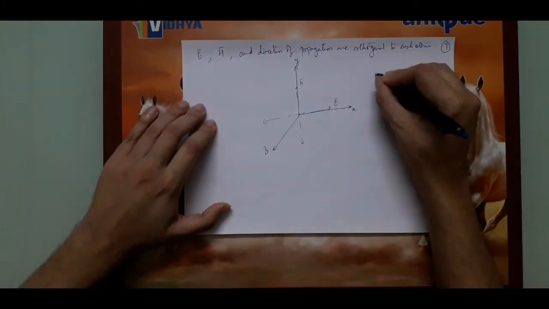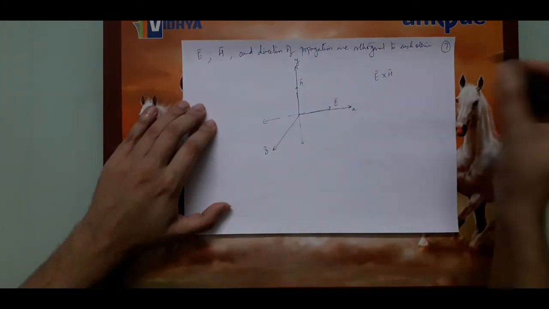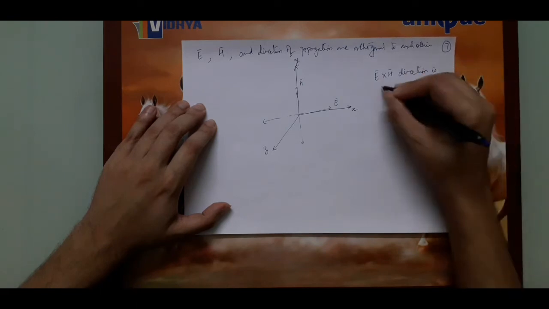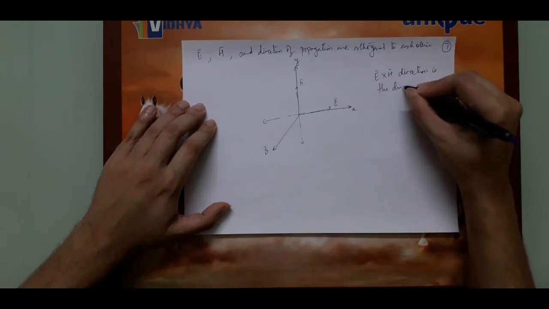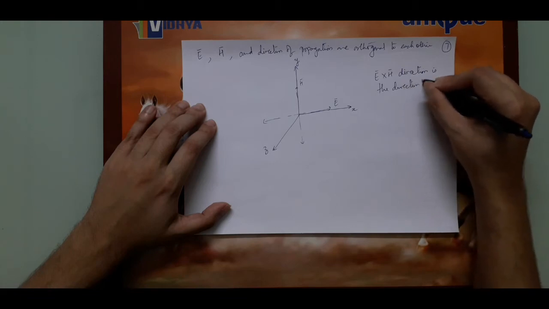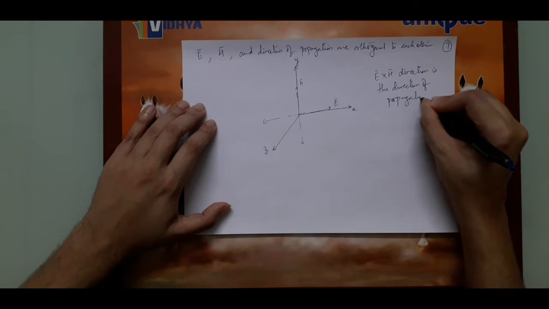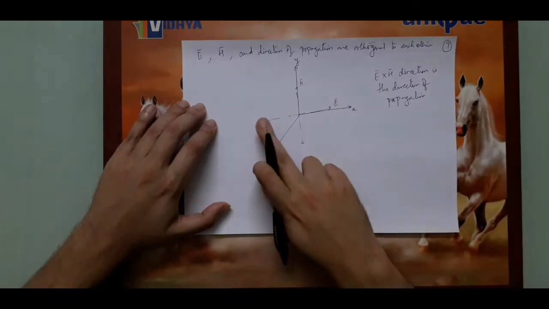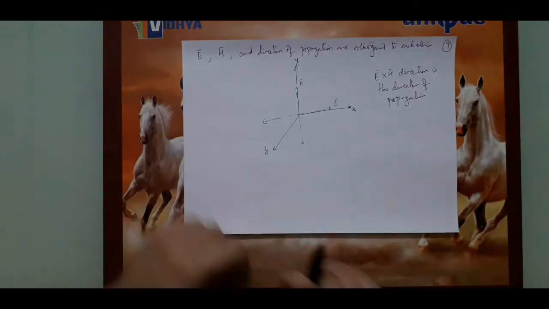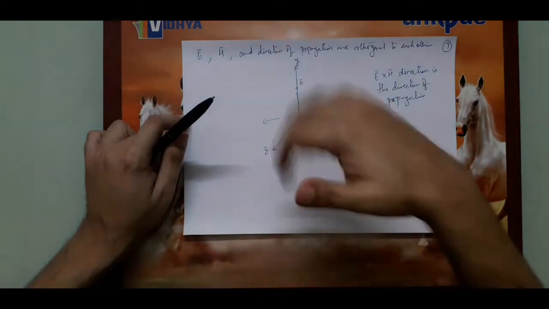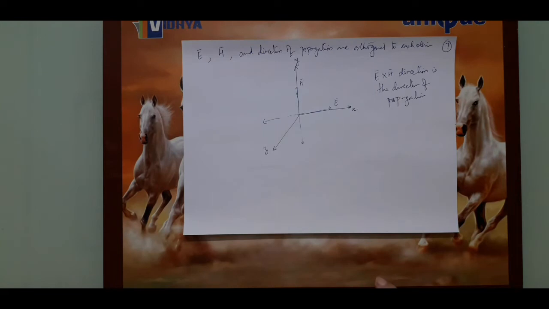So we had discussed that the E cross H direction is the direction of propagation. So likewise, if you remember, if E and H are both negative, then you will have something of this kind, using the right hand thumb rule for cross products.